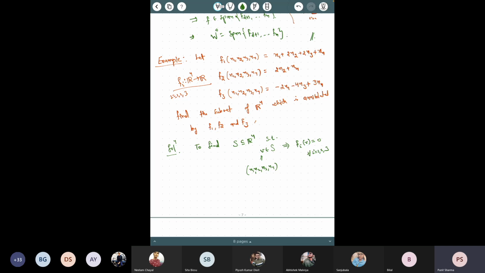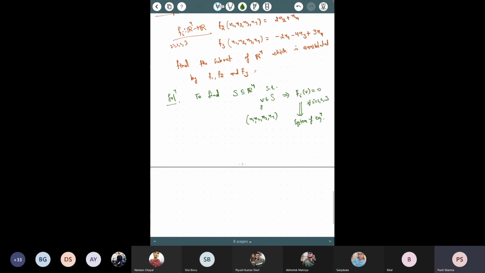Each F_i is of this form, and if I put F_i of v equal to 0, I get a homogeneous system of equations. So S is nothing but the solution space of this system.